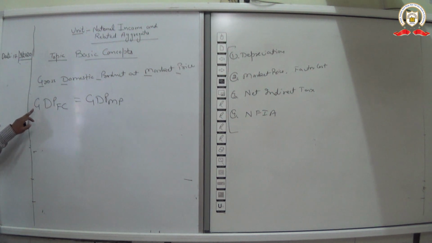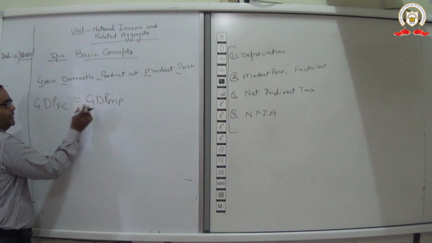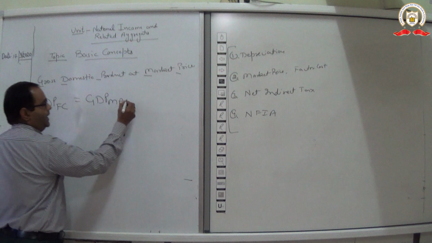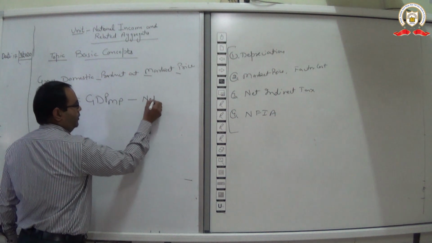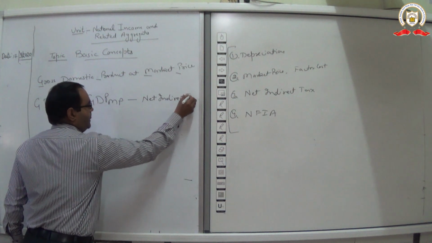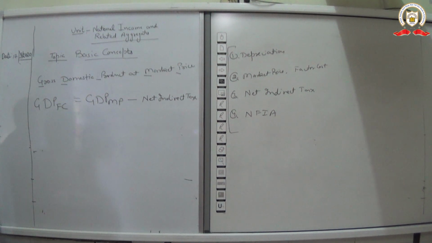If I have to reach from market price to factor cost, I have to subtract the value of net indirect tax.